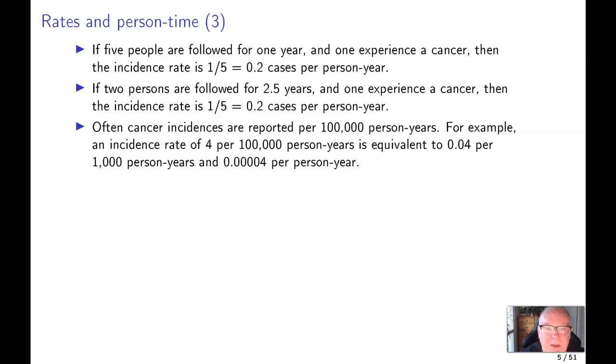If 2 people are followed for 2.5 years, and 1 of those experiences a cancer during that time, then the incidence rate is also 1 over 5, 0.2 cases per year. You still have 1 case from 5 person years. When we're reporting, we change the units. For example, you'll typically see cancer incidences reported per 100,000 person years.